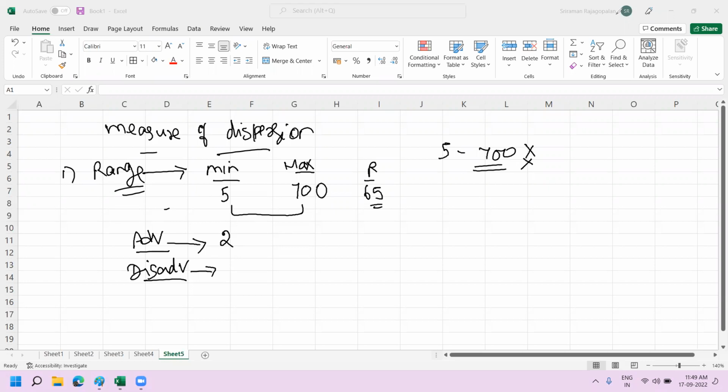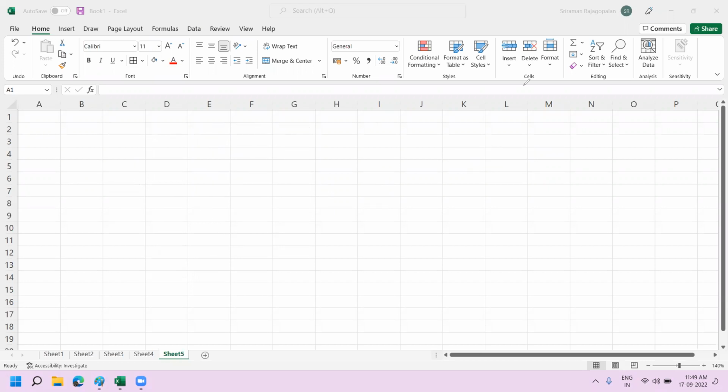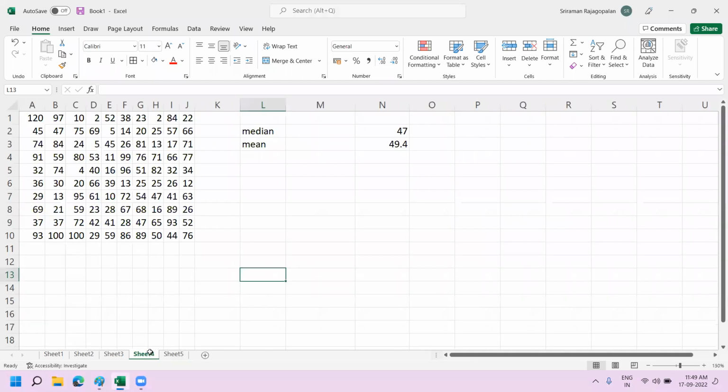So let's calculate the range. It is very simple. Find the minimum value and the maximum value. That's all. Let's take the same data from our previous example.